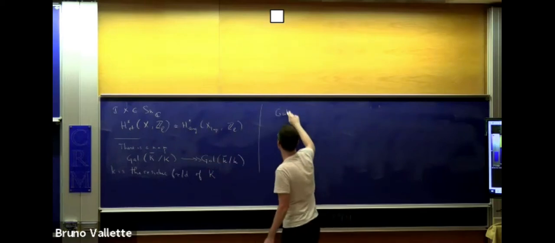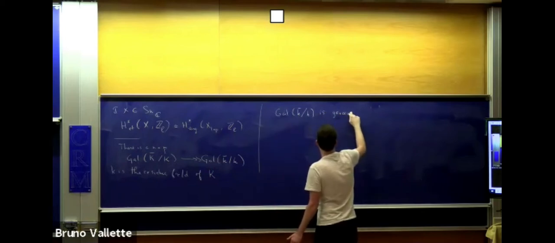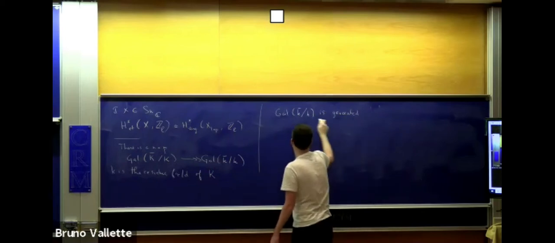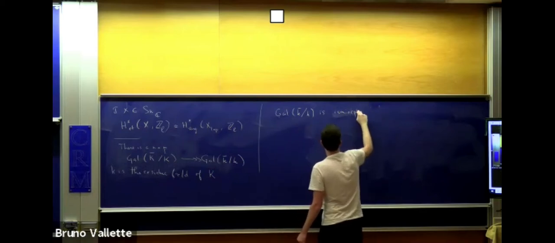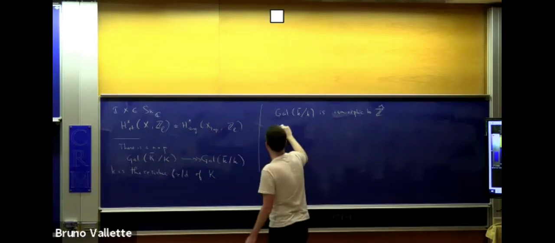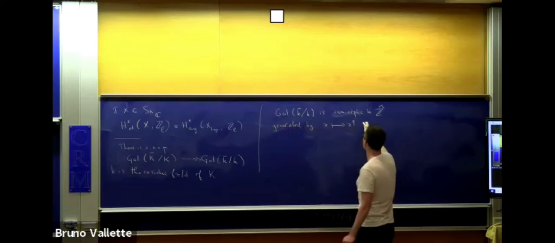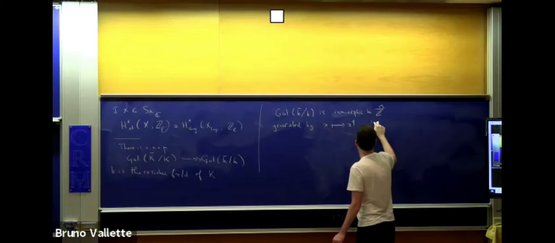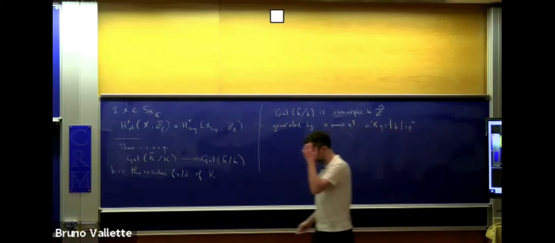So yeah, Galois K bar over K is isomorphic to the profinite completion of the integers and generated by what's called a Frobenius, by the map x goes to x to the q, with q the cardinality of little k, which is some power of the prime number p.